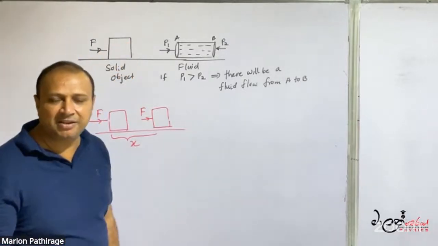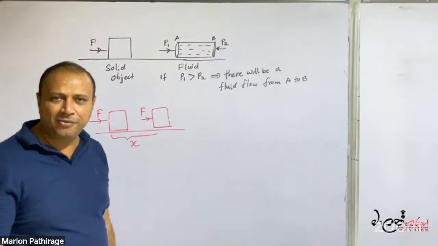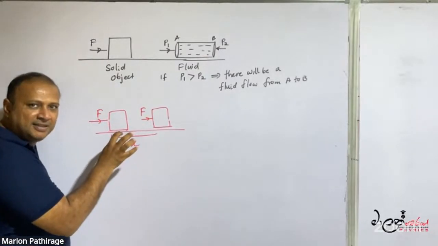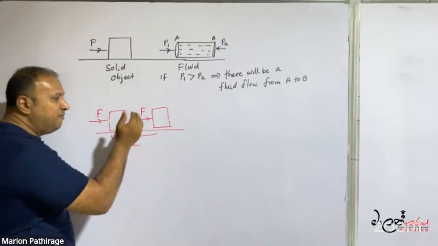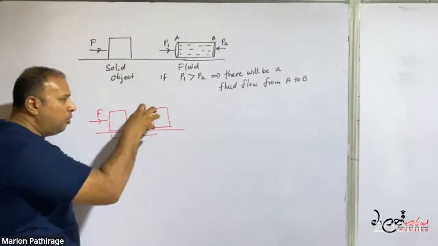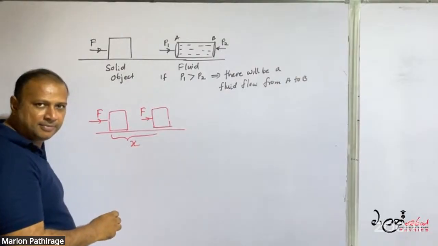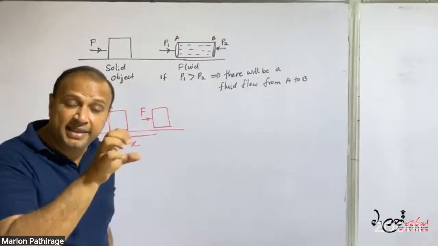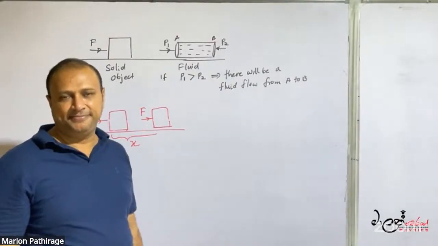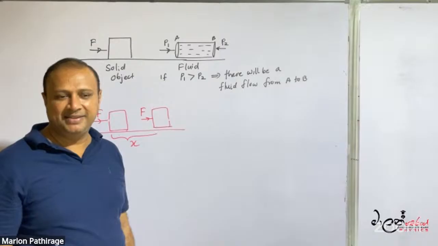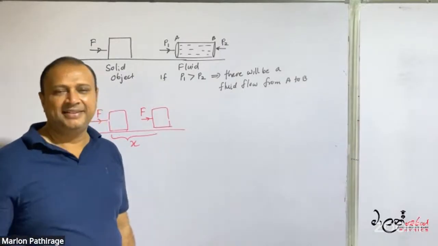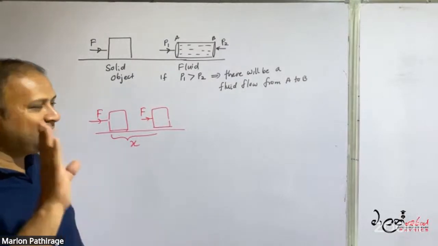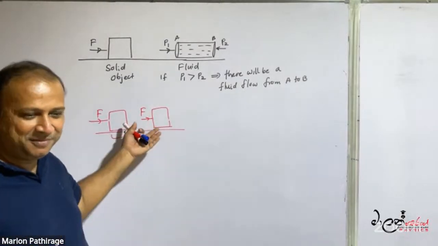Therefore, due to this force, some work is done on this object, and using that work done, its energy will be increased. Is that clear? If you got that, please say so. That is our previous knowledge, right?